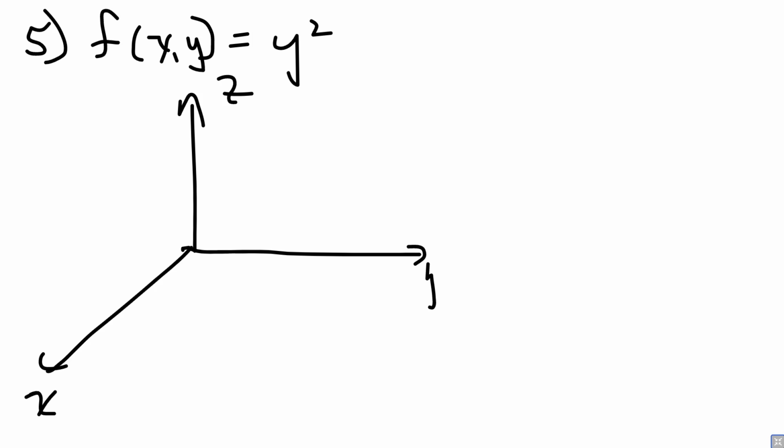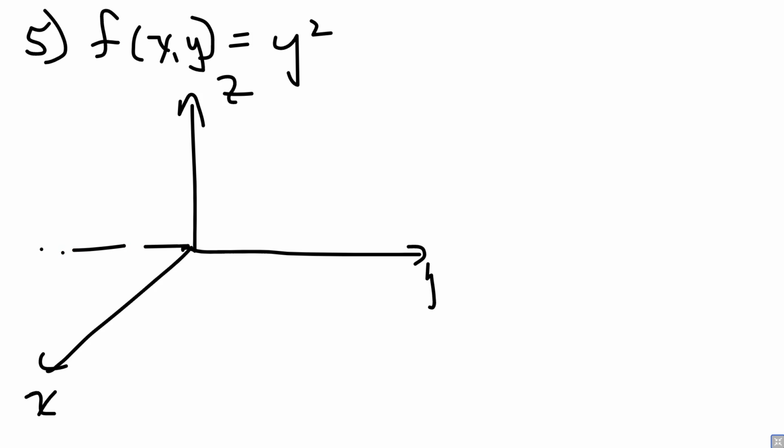It's going to be y and one other variable. It's going to be z, because you have to understand that f of x, y is the same thing as z. So everything is in terms of z and y. That means that x can take on any values.